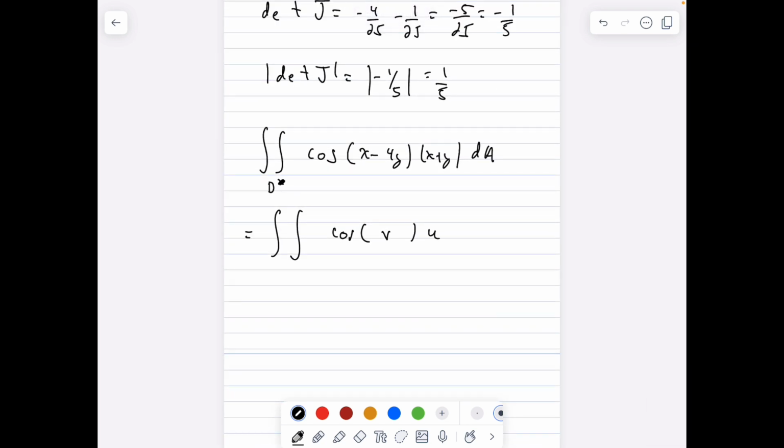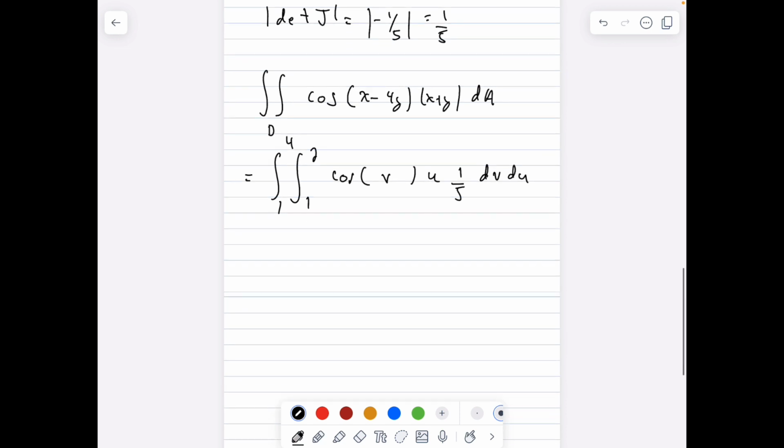Specifically with my limits of integration, my v's went from 1 to 2, and my u's went from 1 to 4. And then I have the 1/5 from the absolute value of the determinant of the Jacobian. So this is what you would get, and this is now pretty easily computable, because dA is dv du, or du dv, really doesn't matter. This integral is not too bad.